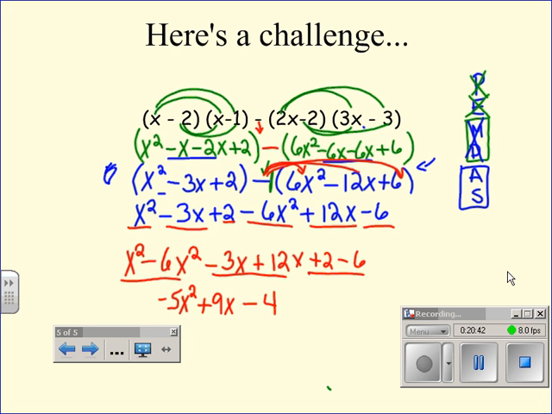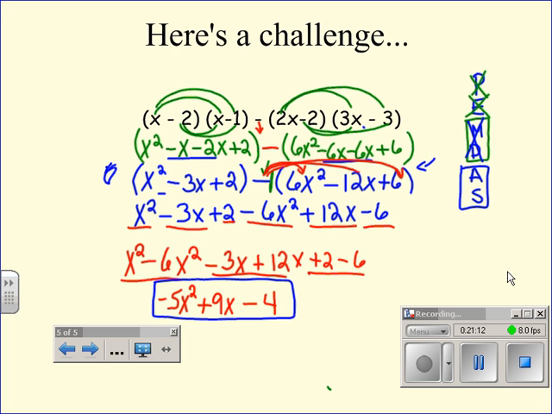So when I have a problem such as this where I need to simplify a polynomial and I have two binomials, if I had x minus 2 times x minus 1, and from that I'm going to subtract 2x minus 2 times 3x minus 3, in that case, I would have the answer, or the product, negative 5x squared plus 9x minus 4.